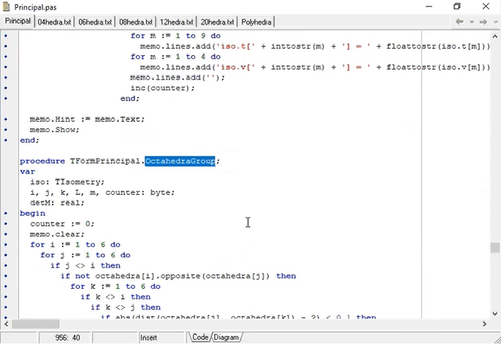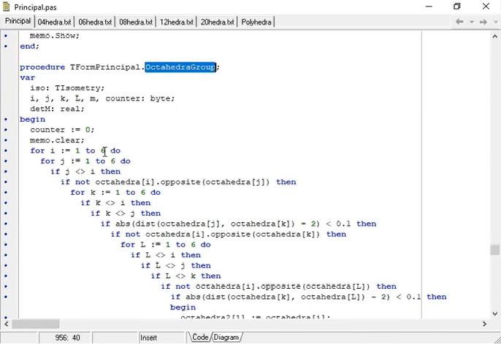The octahedral group is the same reasoning. So there are 6 points.